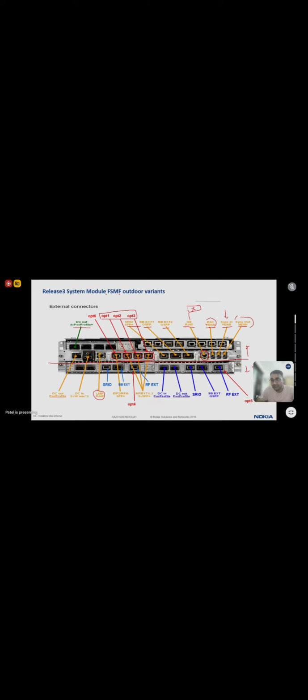Talking about the extension module, this is the basic module. In the basic module we have only three CPRI connectivity, or three RF modules you can connect. But if we want to add more cells, we require extension modules.